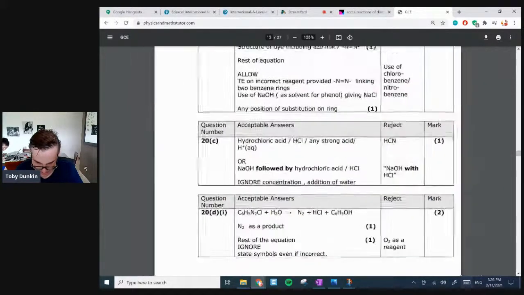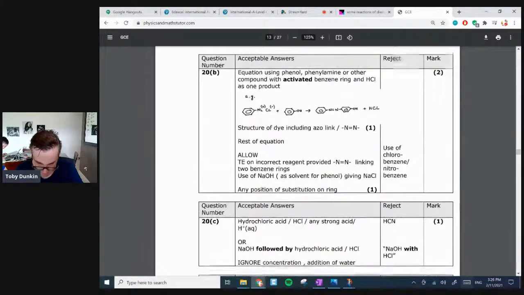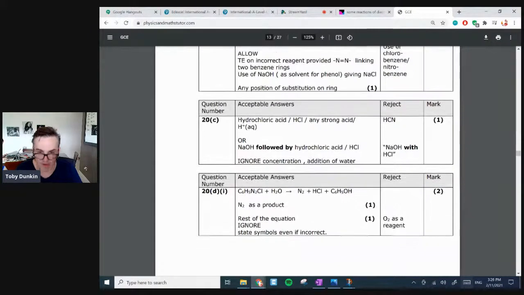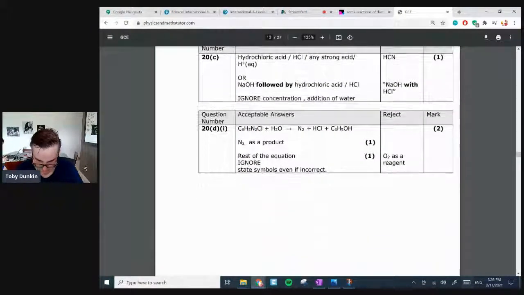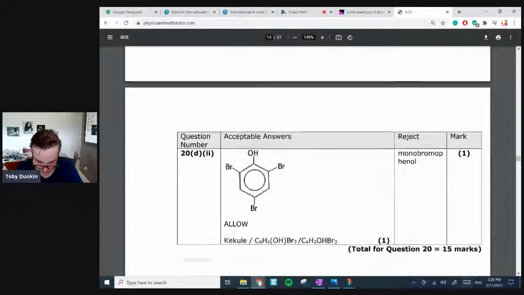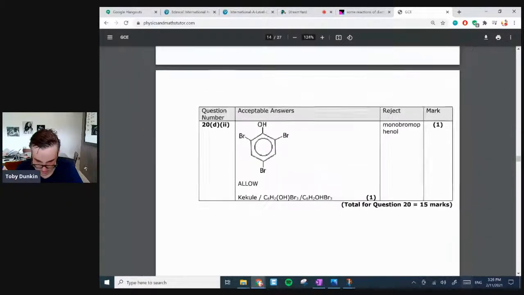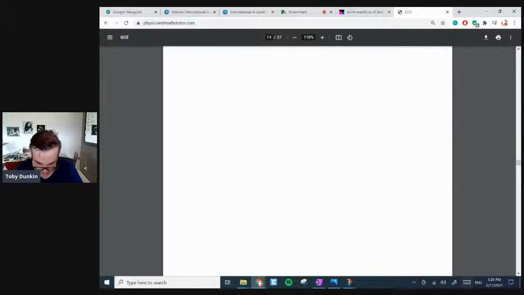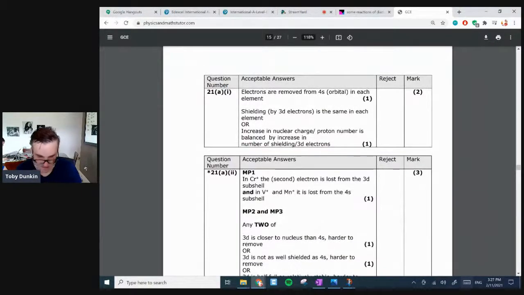What was the 20C bit? Was that the conversion? It's the conversion of the cyanide group to the carbon. There's the equation. There's the decomposition with the water. And there's the reject monobromophenols. Allow Kekulé structure. How fascinating.